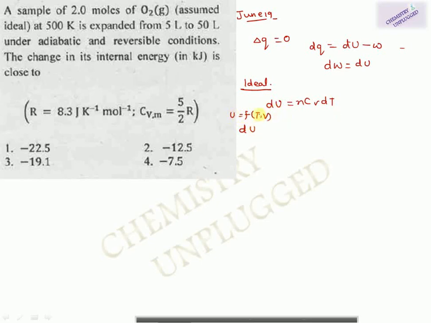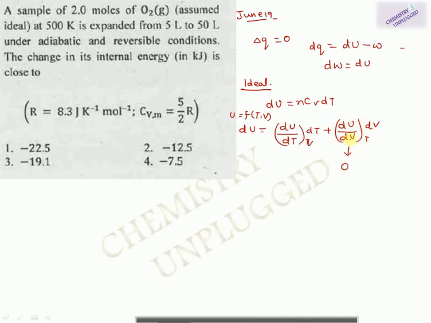And because it is a state function, dU will become (dU over dT) at constant volume dT plus (dU over dV) at constant temperature dV. And this function dU over dV is 0 for ideal gas.